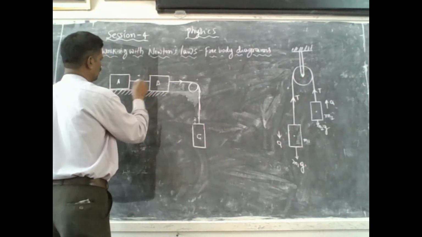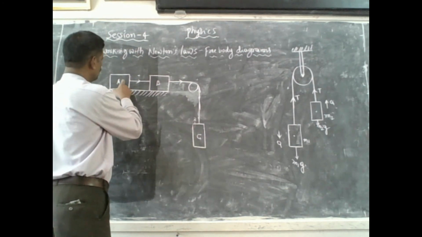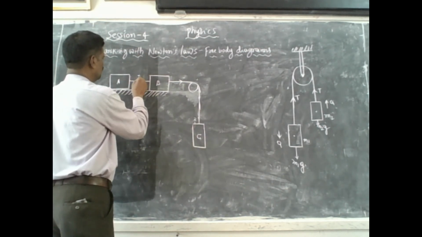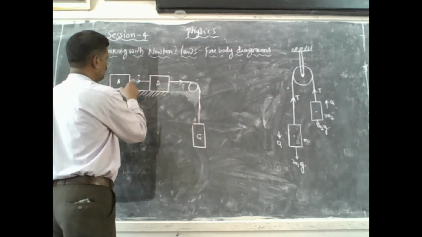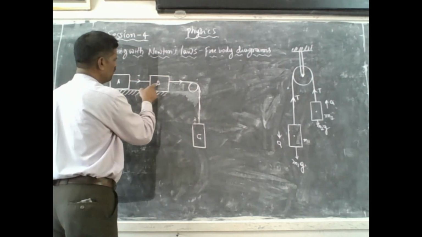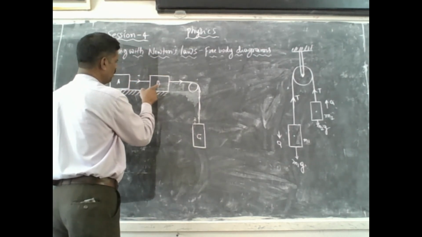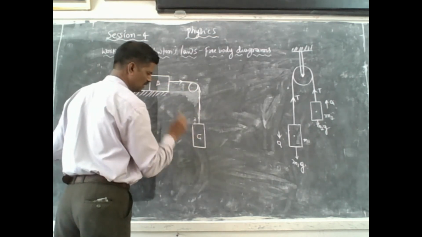on which the two blocks rest, and block A is fixed with the block B, and block A is pulled by block B, and both the blocks, block A and block B, both are pulled by block C, isn't it?